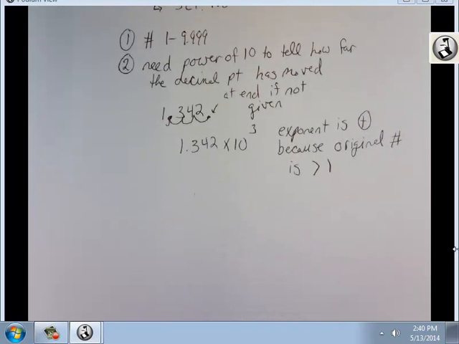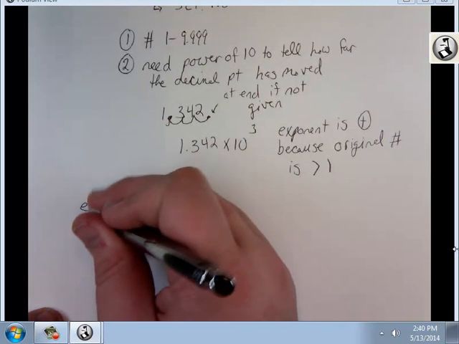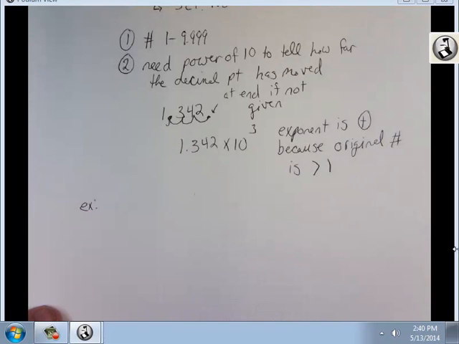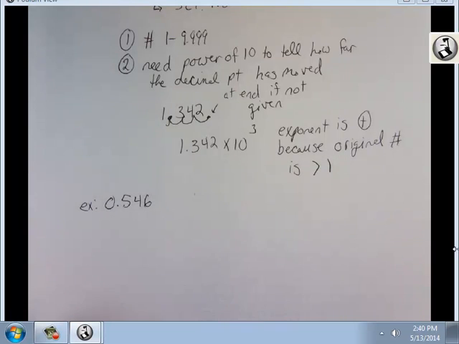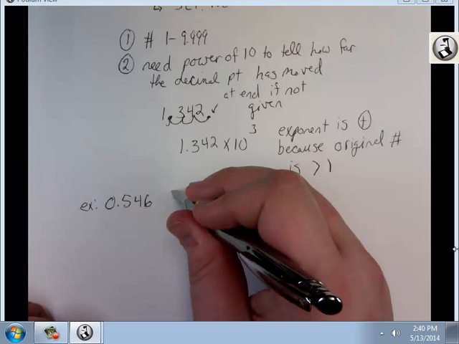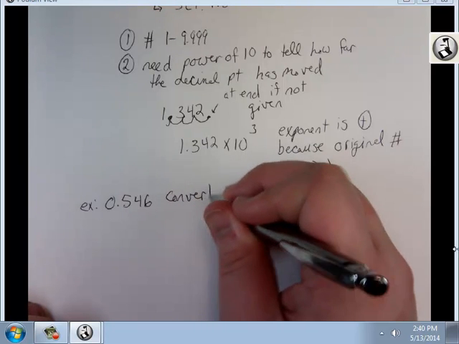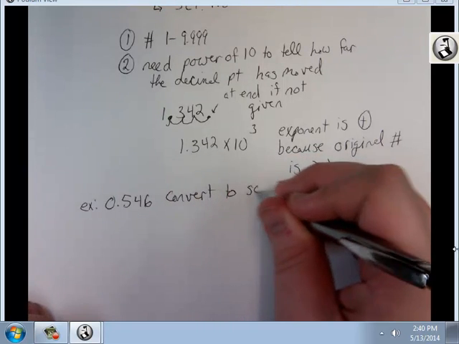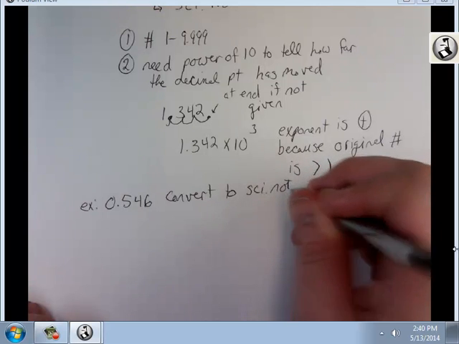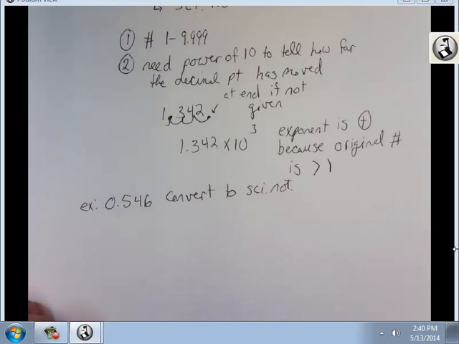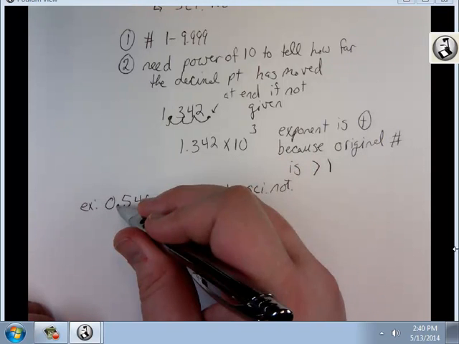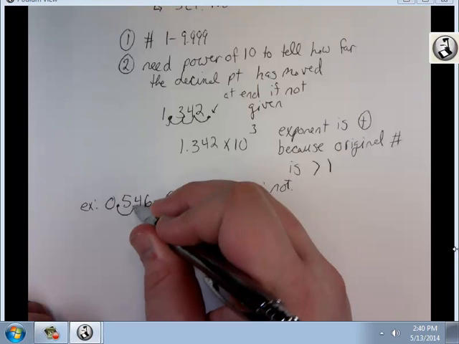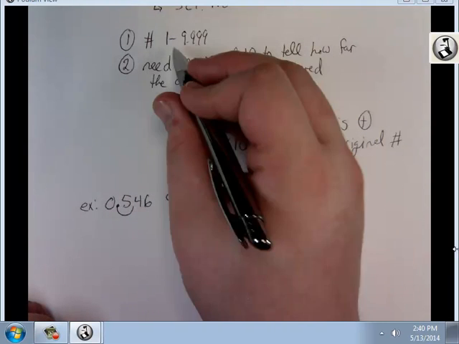All right, let's do another example. 0.546. Now let's say you have to convert to scientific notation. Well, here's my decimal. If I move it once, now I have 5.46. That's between 1 and 9.999.